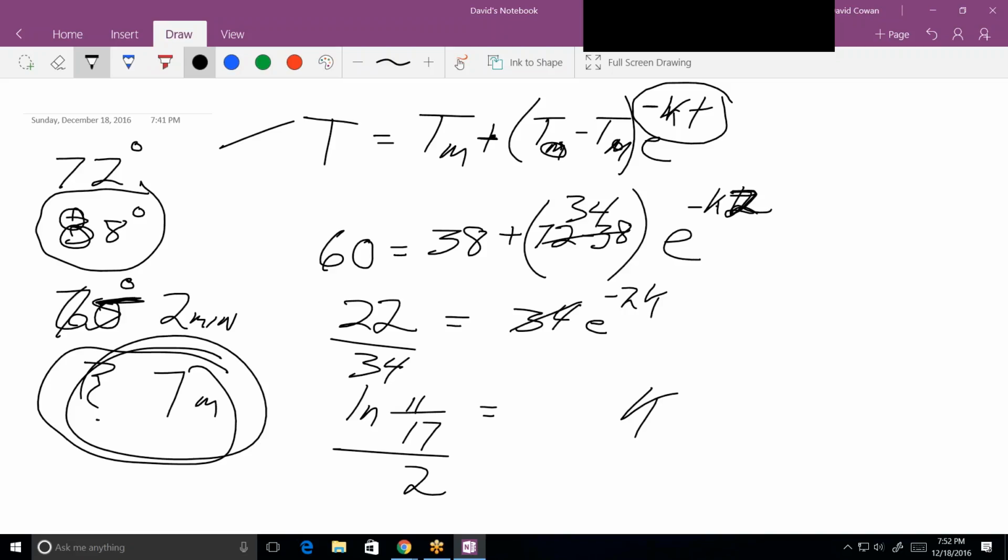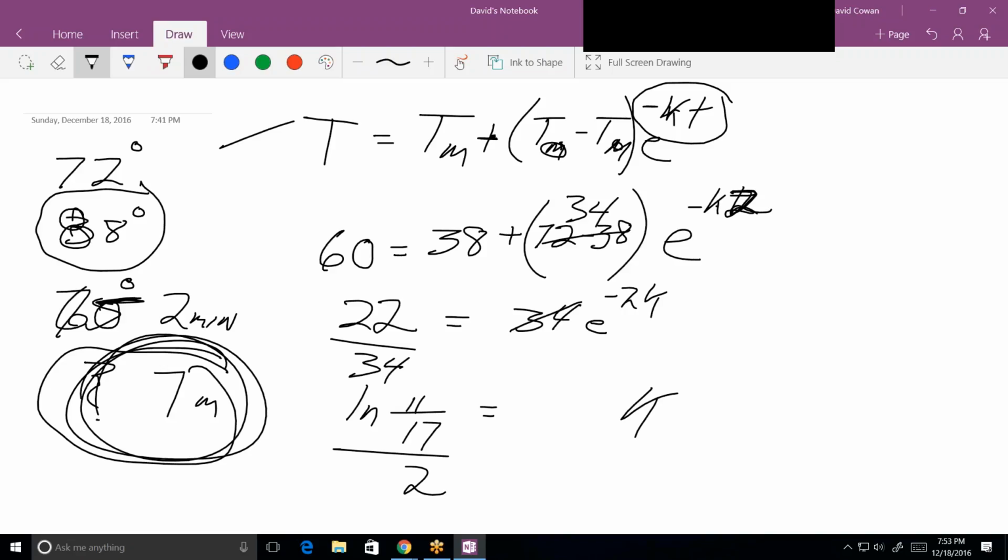Whether it's Newton's law of cooling or exponential decay or growth, they give you enough information to figure out what k is, or r, as the case may be. Once you figure it out, you have the specific equation for that particular model, and then you can answer any question regarding varying times. In other words, what happens after 7 minutes? What does it go to?